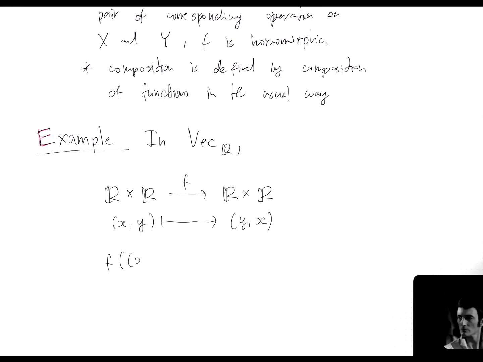So if I take a vector xy and then I add to it vector x prime, y prime, and then I apply f to it, what do I get? This will be f applied to, how do I add vectors? I add them component-wise, right? So x plus x prime, y plus y prime. But what does f do? It swaps coordinates. So we'll have y plus y prime, x plus x prime.